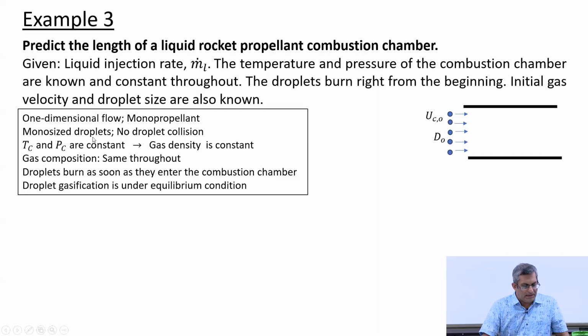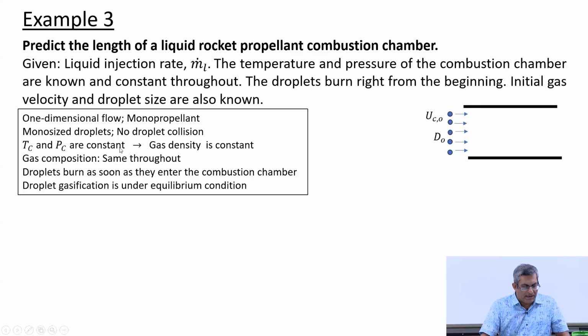Then, as I mentioned, we consider mono-sized droplets. All droplets are of the same size. There is no droplet collision. So the number of droplets at any instant of time at any location remains the same.